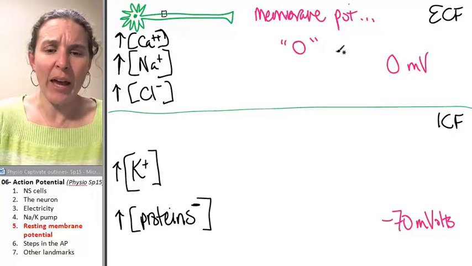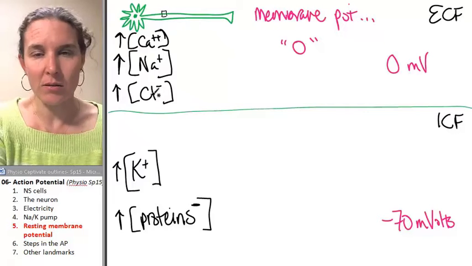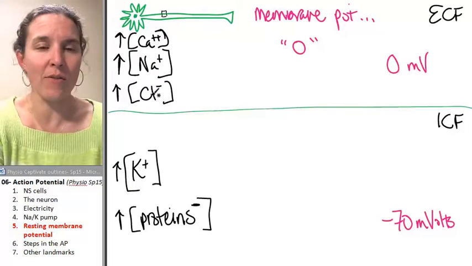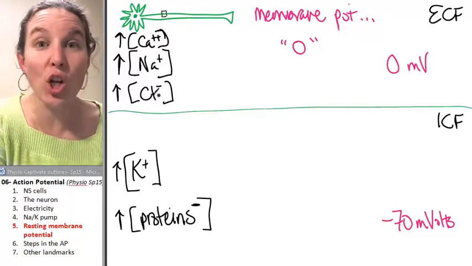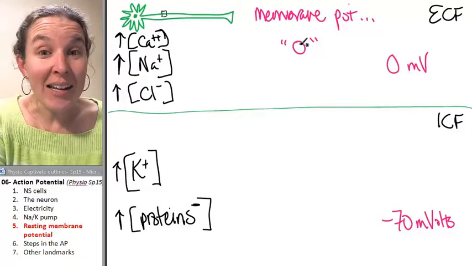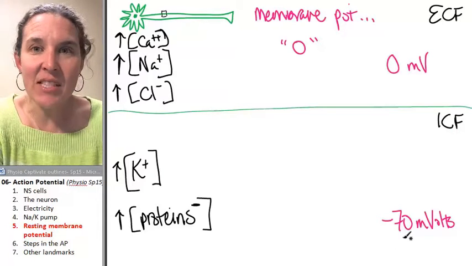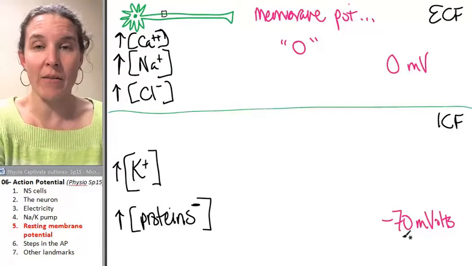So we say, okay, outside, we're just going to pretend it's 0. Is it 0? Not even close. I have no idea what it actually is, but it's not even close to 0. But outside, it's more positive than inside. Inside, it's negative 70 millivolts, more negative.